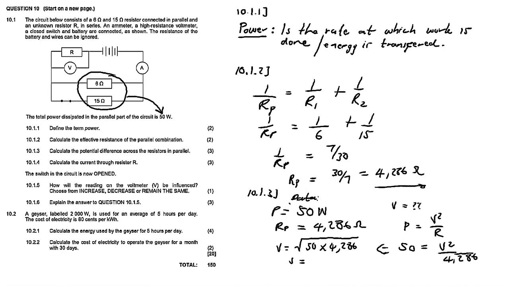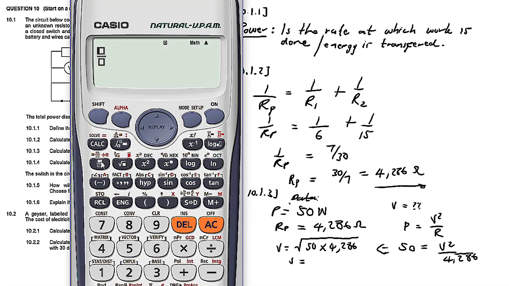So therefore V is equal to the square root of 50 times 4,286, which equals 14,64.